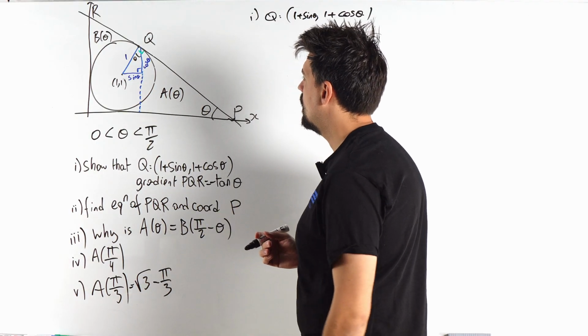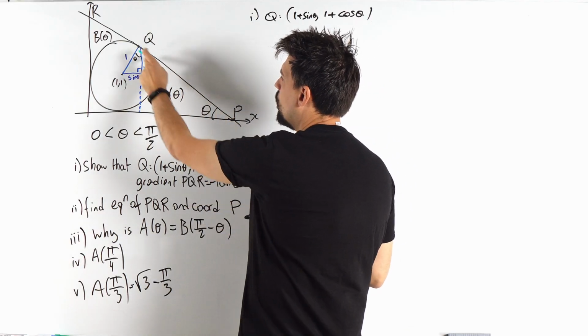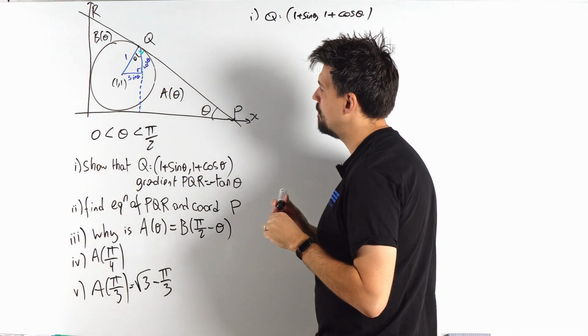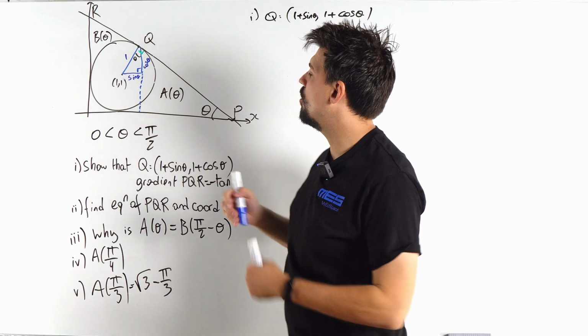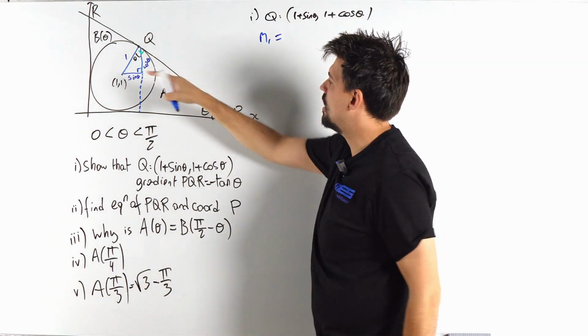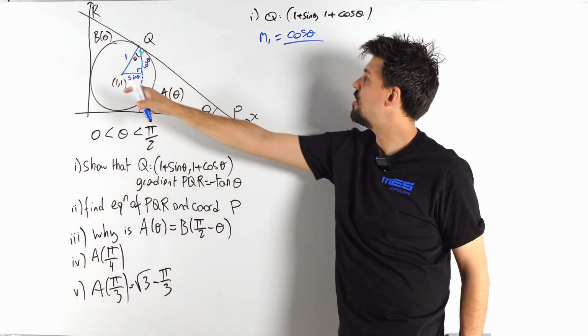Wicked. Now let's find the gradient. Now we could try and find the coordinates of that point and find the coordinate of that one and find the gradient, but I suggest something else. How about we find the gradient of my blue radius? The gradient of the blue radius, change in y over change in x.